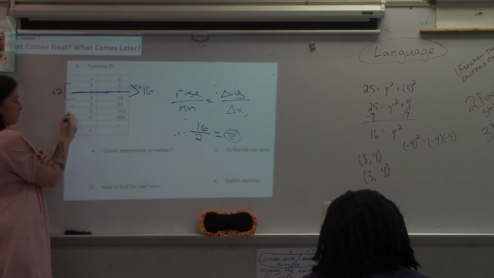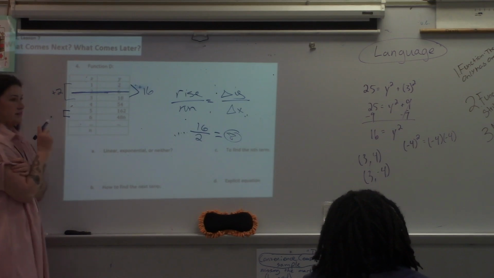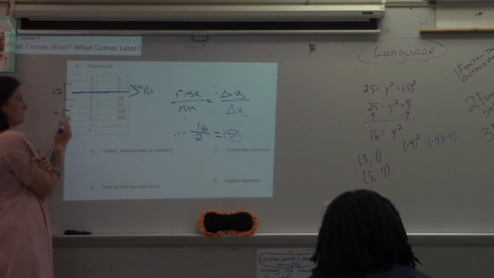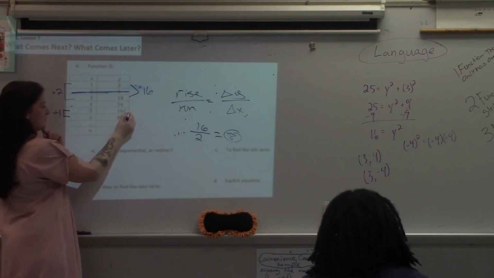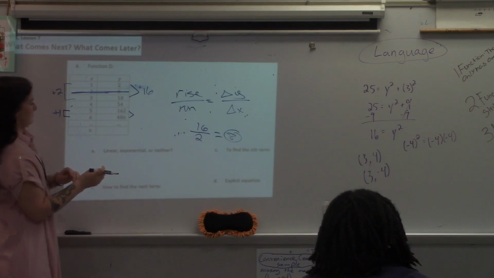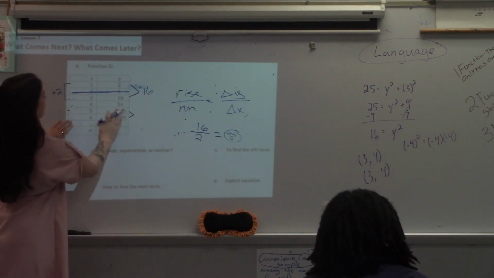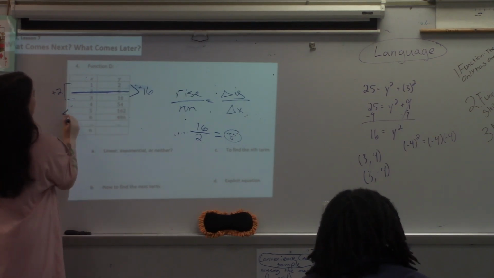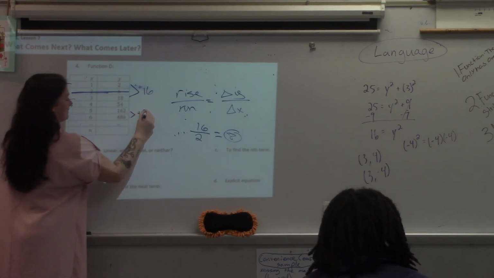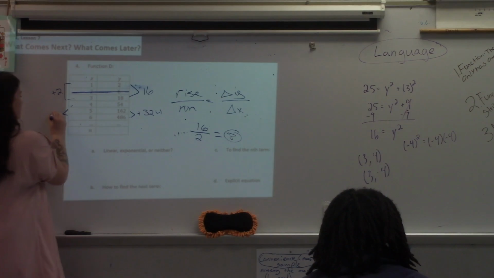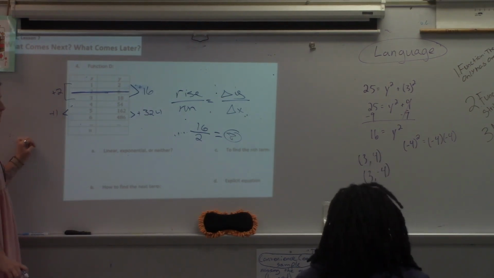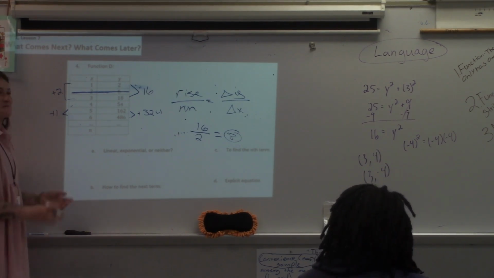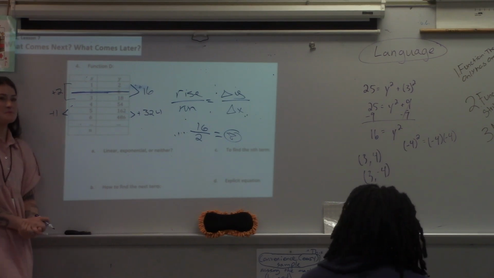So what's the change in x from 5 to 6? 1. What's the change in y from, we're going to use 3 and 4? 24, and this is 1. Any guess why those numbers don't even come close to matching up?